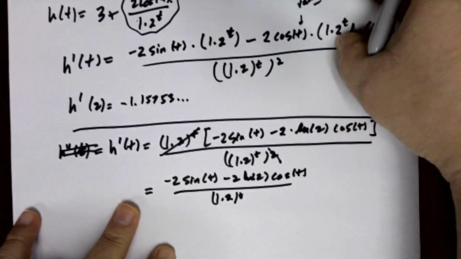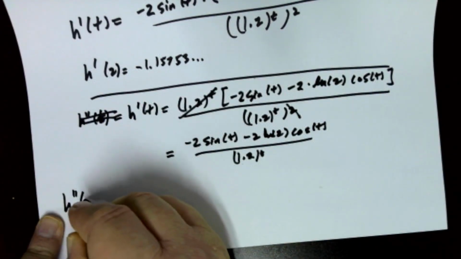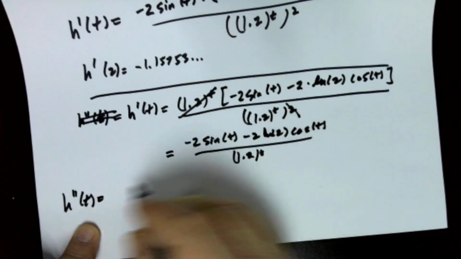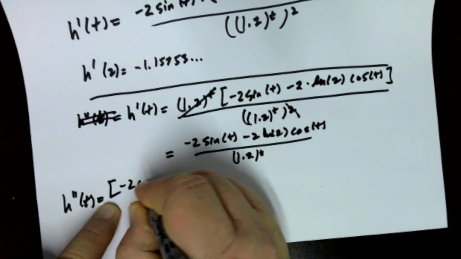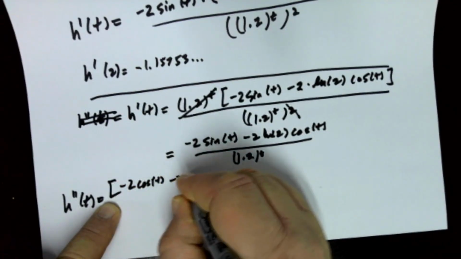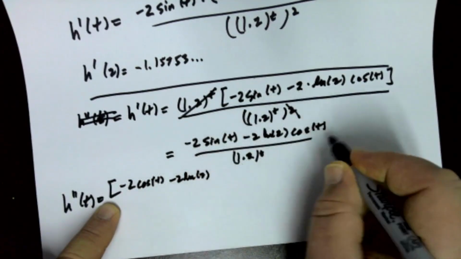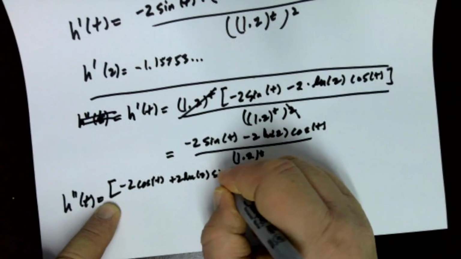Good. Now when I differentiate this it's going to be a little bit of a mess, but not too bad. Right, because it's the derivative of the top, so that's going to be minus 2 cosine of t. Then the constant part just carries along for the ride, times the cosine of t, so that's going to be sine of t if I differentiate.